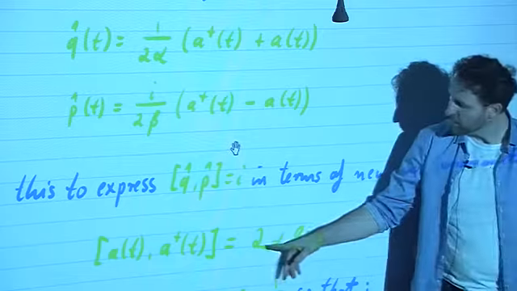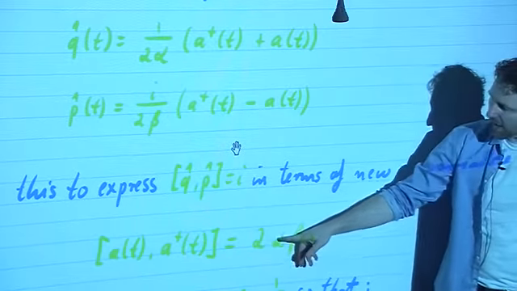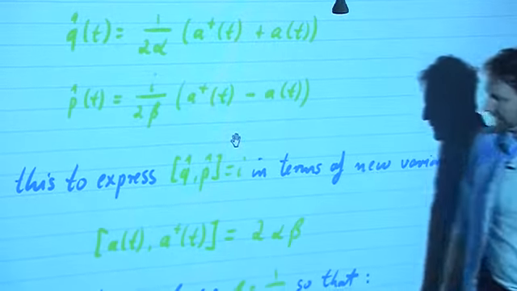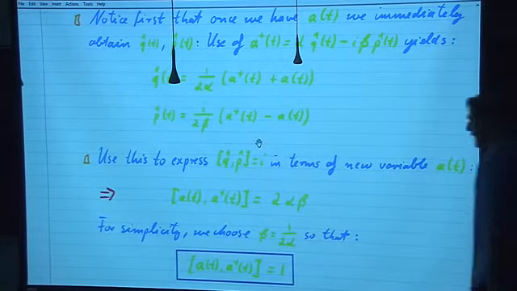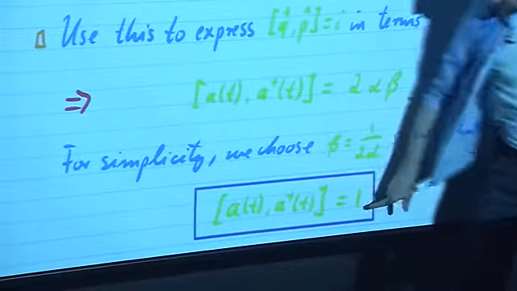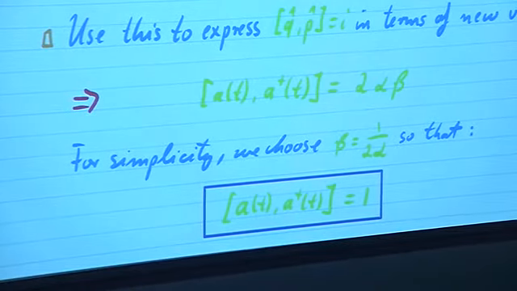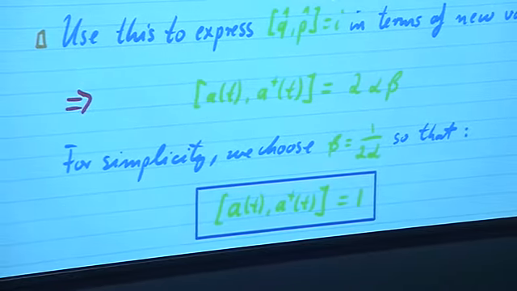We have 2 parameters to burn, alpha and beta. We can still choose them whichever way we want. We now choose the product of alpha and beta to be 1/2 so that we get a 1 on the right-hand side. In other words, let's say we keep alpha still arbitrary, but we choose beta to be 1/(2 alpha). In this case, these are the commutation relations.